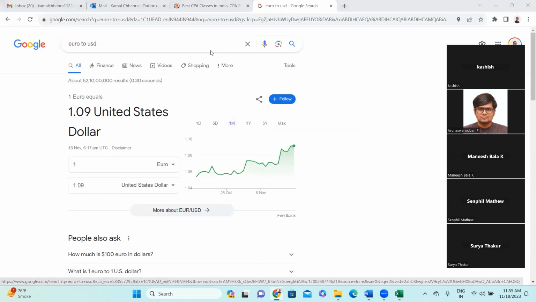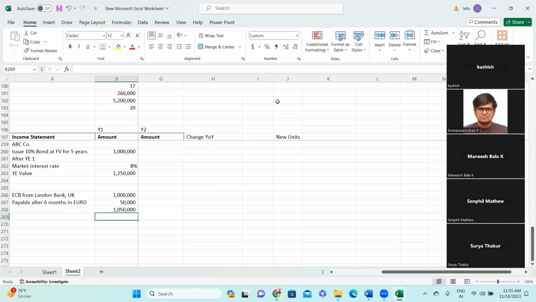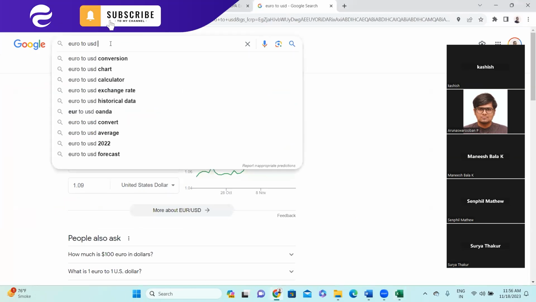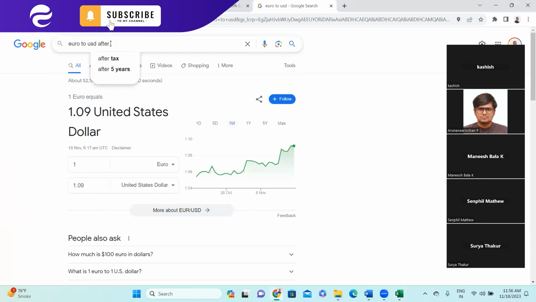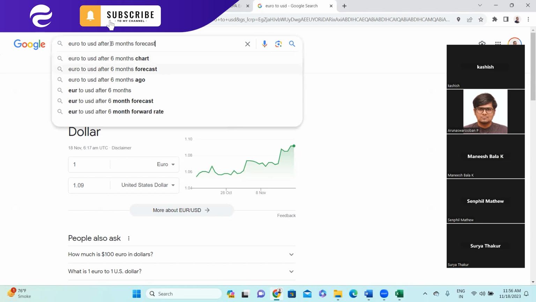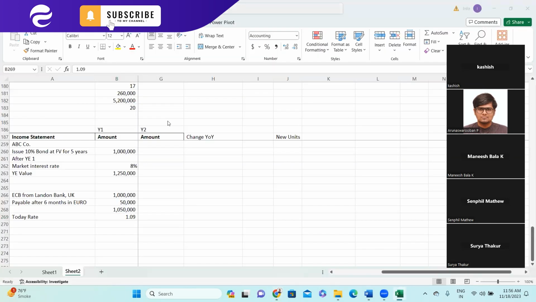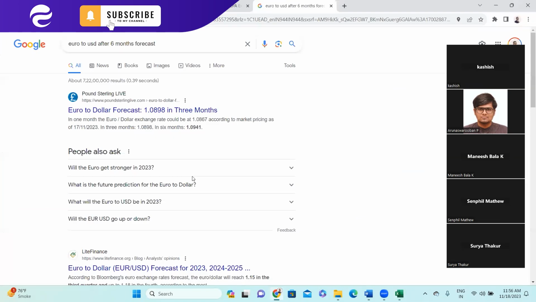So today's rate is 1.09 Euro to USD. After 6 months, let's assume there may be some better option.